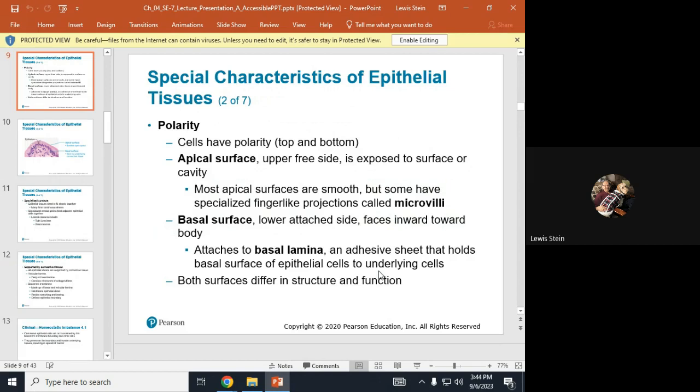Sometimes, and you'll hear this from me a lot, they have adaptations. Adaptations make surface area frequently. Microvilli, which means tiny fingers, are like the edge of that apical border, has tiny extensions, and all this means more surface area. The more surface area, the more things can go through the membrane.